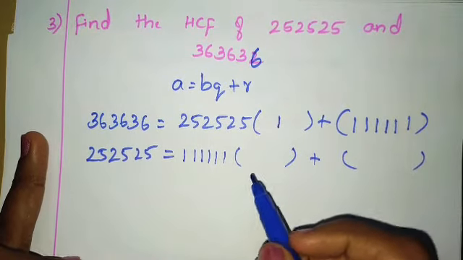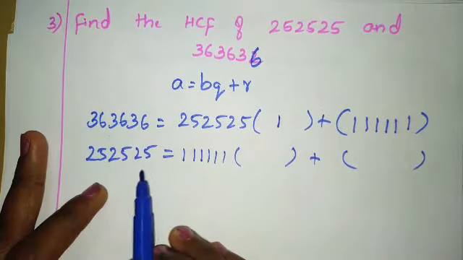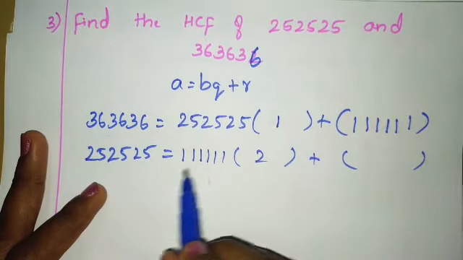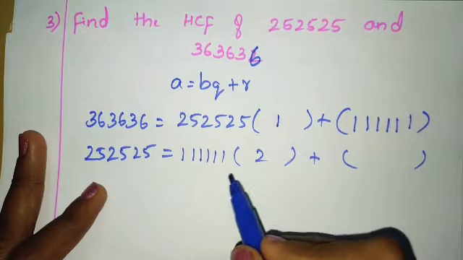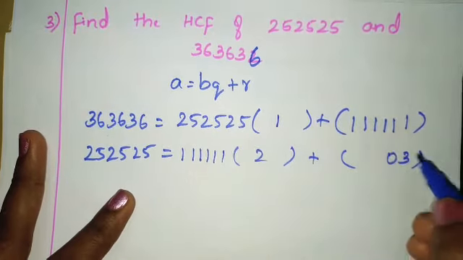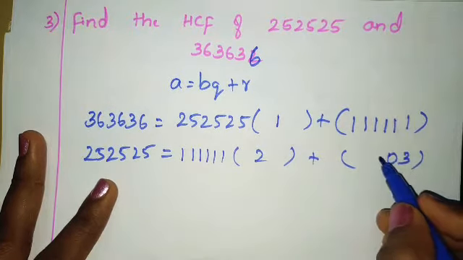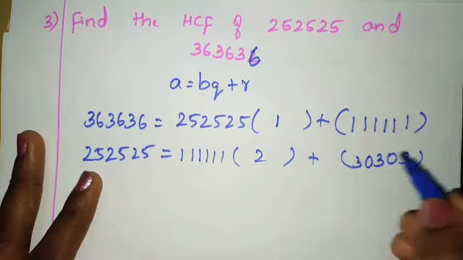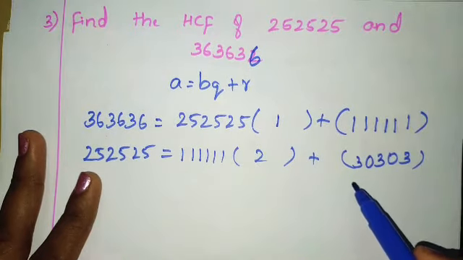If I take 1 it will be little smaller, so I'll take 2. 5 minus 2 is 3, 2 minus 2 is 0, and so on.